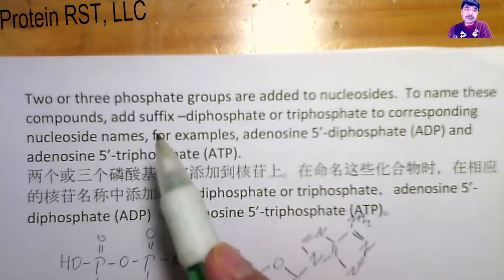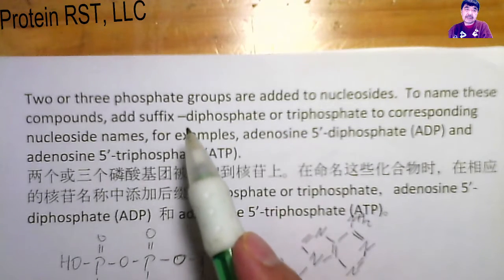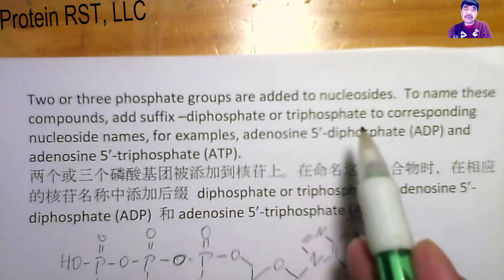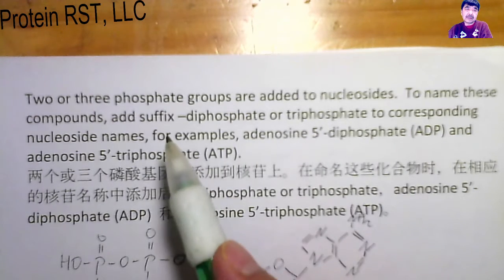Two or three phosphate groups can be added to nucleosides. To name those compounds, add the suffix diphosphate or triphosphate to the corresponding nucleoside name.